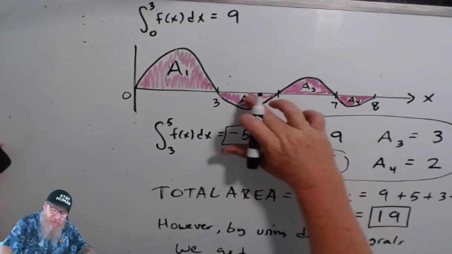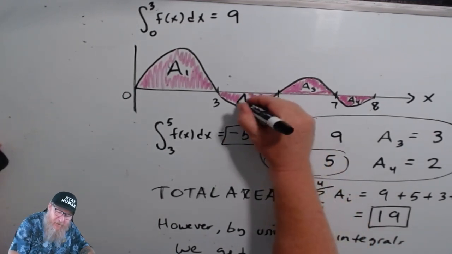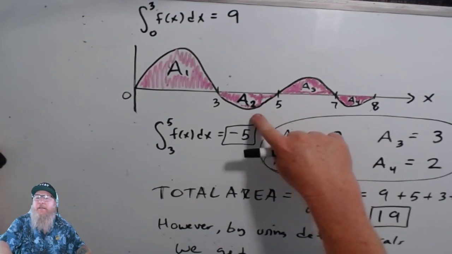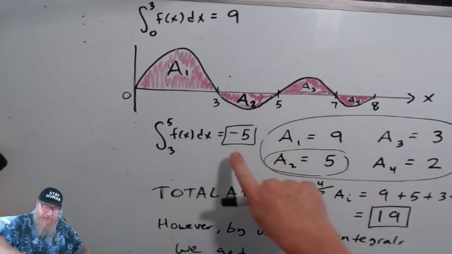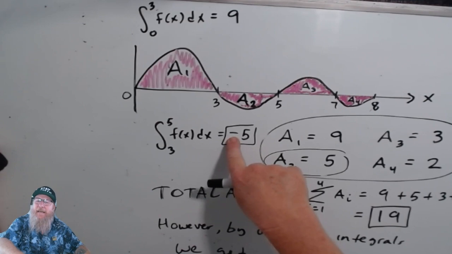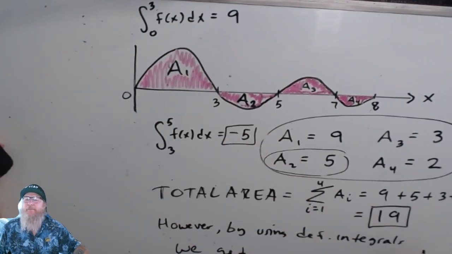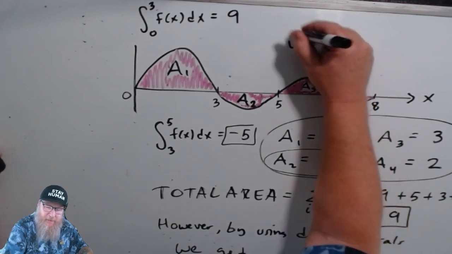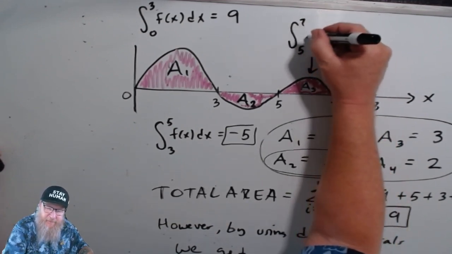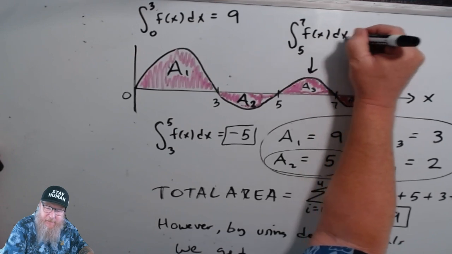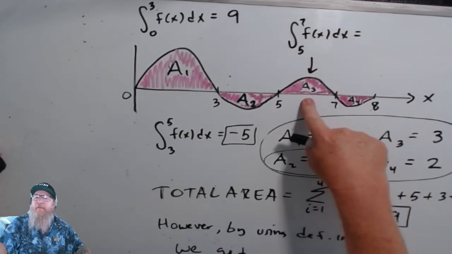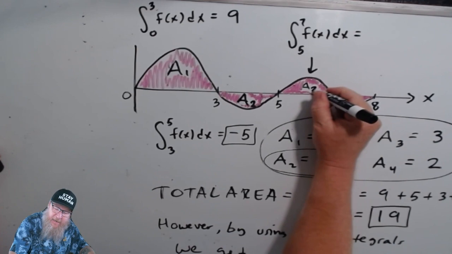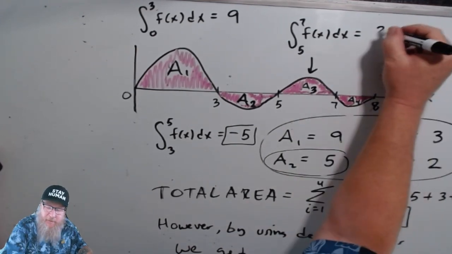Because A2 is below the x-axis, and so it will give you a negative result. Now let's do this one. The integral from 5 to 7 of f of x dx. Well, that's above the x-axis. That's A3. So that'll just be 3.